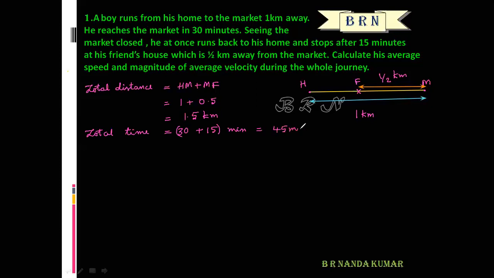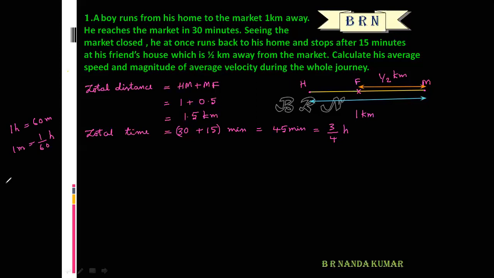In terms of hours, 45 minutes means 3 by 4 hour, because 1 hour is equal to 60 minutes, so 1 minute is equal to 1 by 60 hour.